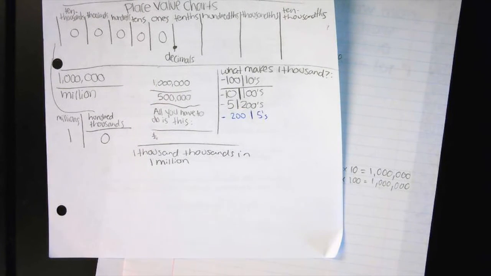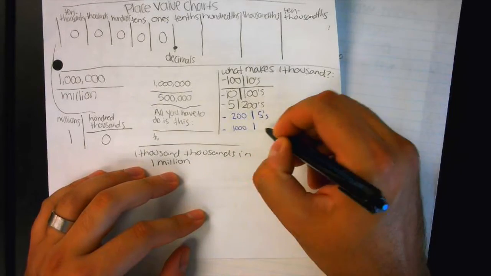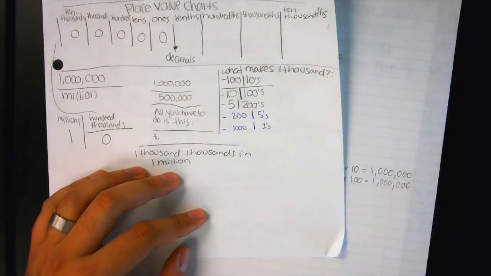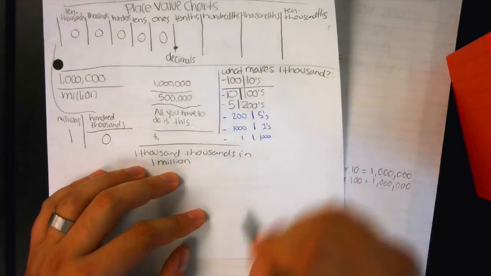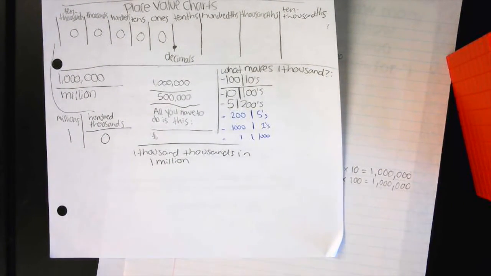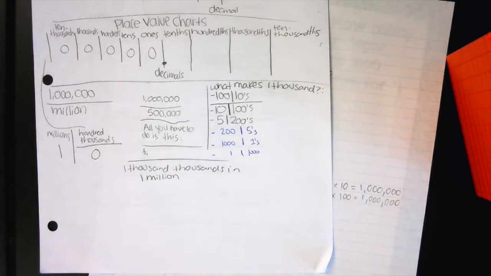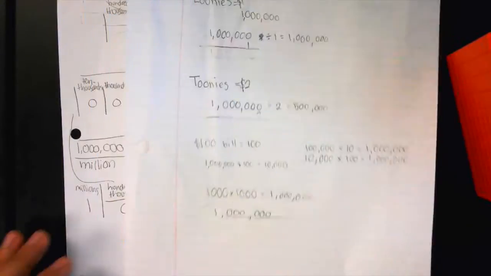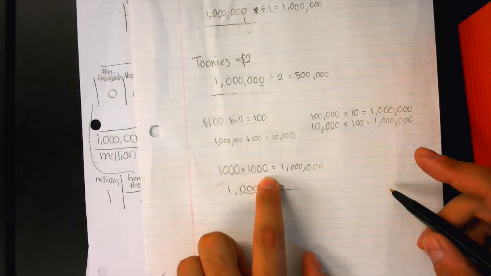Is there something else? 1,000 ones. So you got 1,000 ones, and whatever this guy is, 1,000. Okay. So if you see here, you have a pattern. And it's the same thing that you said here. There's a pattern here. You did 1,000 1,000s.